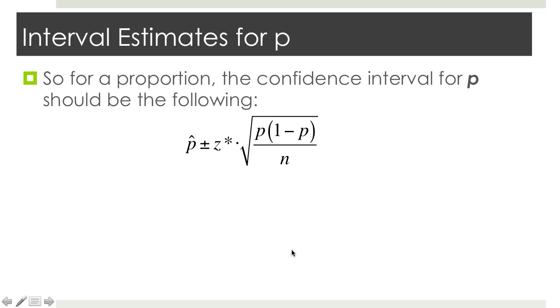If we put all of that together, we could then say that the confidence interval for P, the population proportion, should be the following. It's our point estimator P hat plus or minus our Z star value, our confidence multiplier, multiplied by the standard deviation of the sampling distribution.